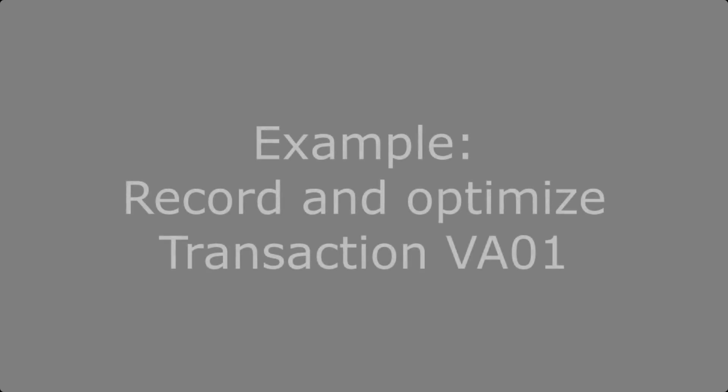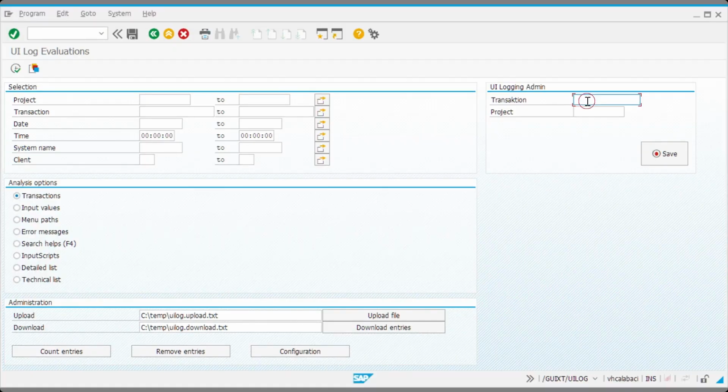The following example illustrates how transaction VA01 can be recorded and optimized. First, the record function is activated for transaction VA01.